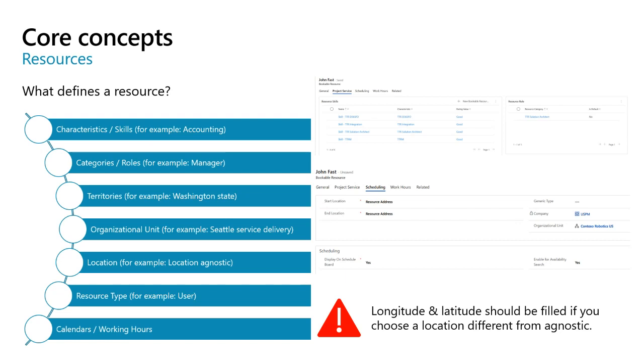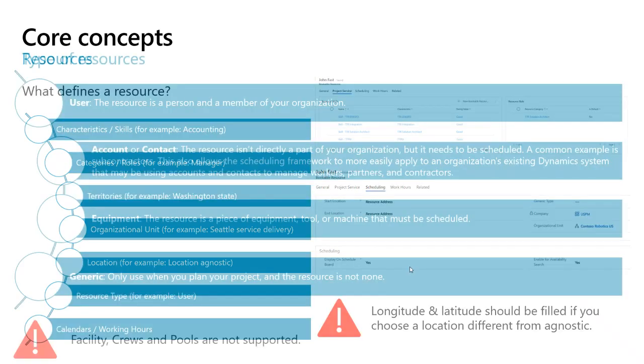Otherwise, you have resource location and also organization location. If you want to use resource location or organization location, you have to fill in longitude and latitude in the record.